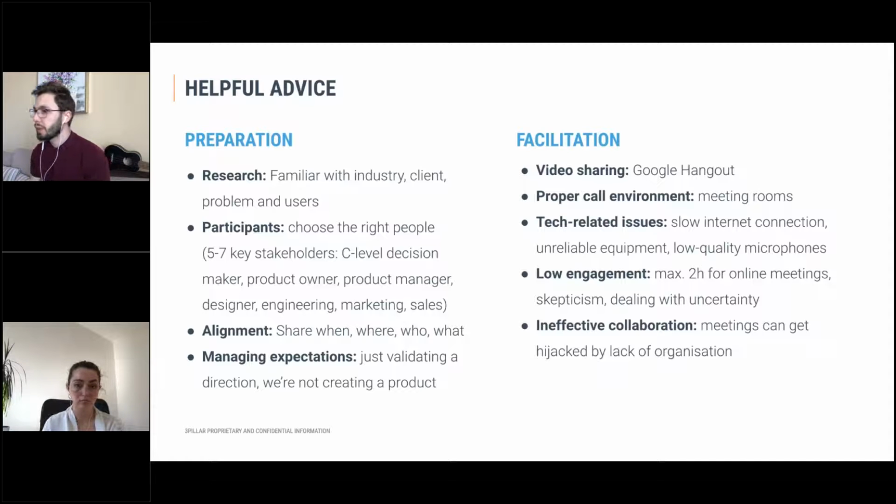A really important thing before running a design sprint would be to make sure everyone is aligned on knowing when will it happen, where, who will participate, and what will you discuss. And I think the most important piece of advice is to manage expectations.